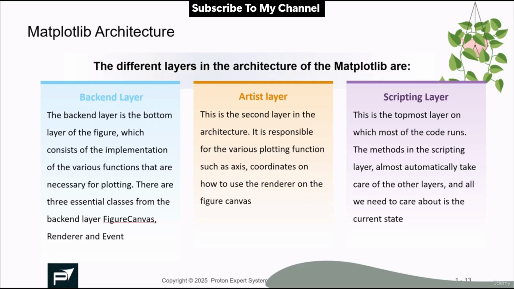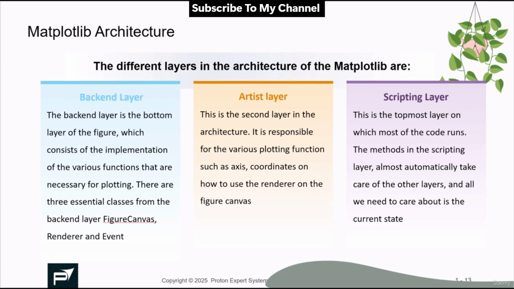Artist layer. This is the second layer in the architecture. It is responsible for the various plotting functions such as axis, coordinates, and how to use the renderer on the figure canvas. The topmost layer is the scripting layer, on which most of the code runs.